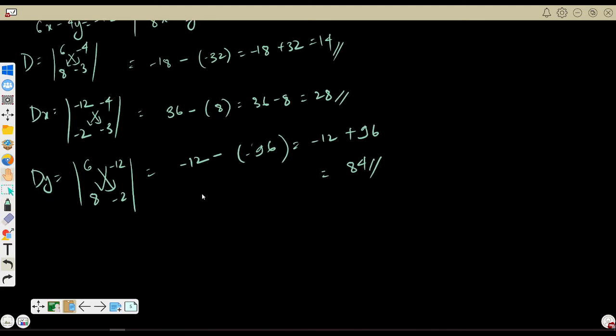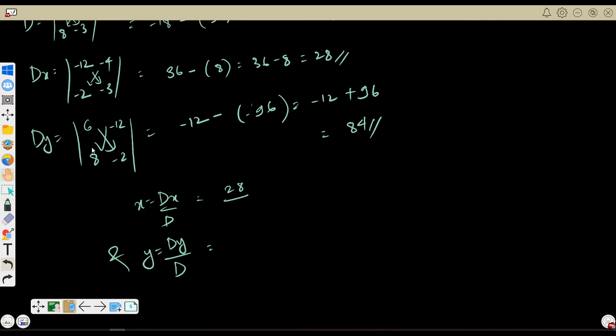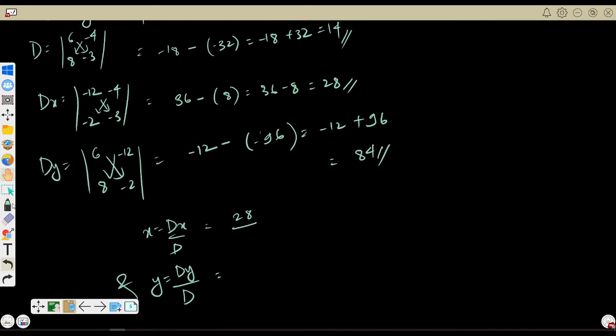Now quickly we'll find the value of x and y. We have a direct formula. For x the formula is dx upon d, and for y the formula is determinant dy upon d. We'll just substitute the values. Dx value is 28 and the value of d is 14.